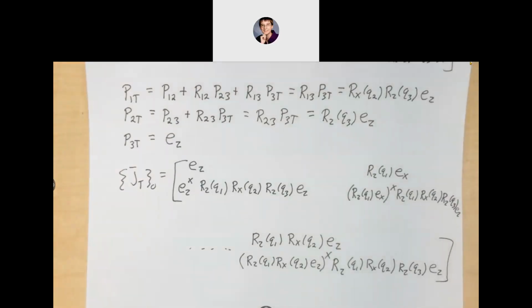So we just took the form that we derived before and plugged in our specific values to get the result we want.